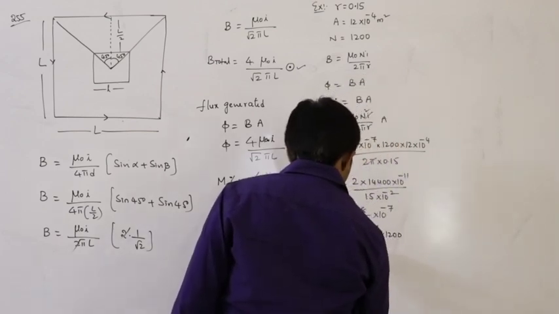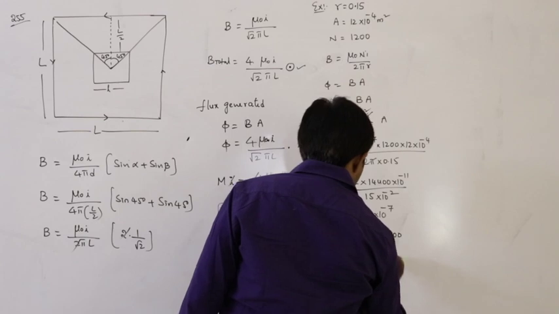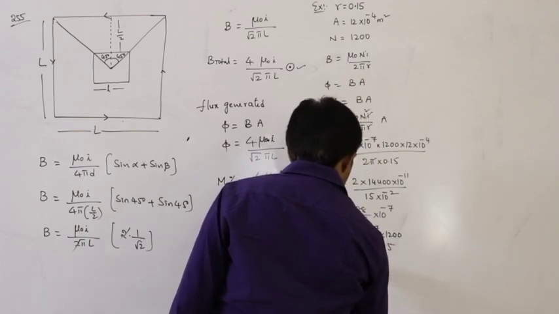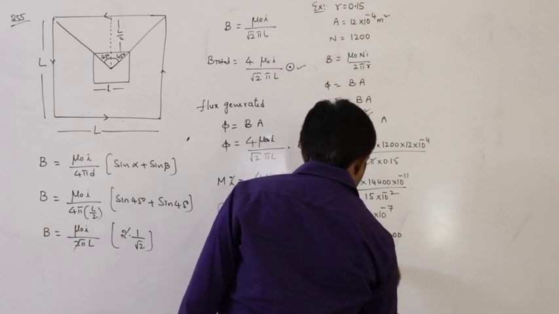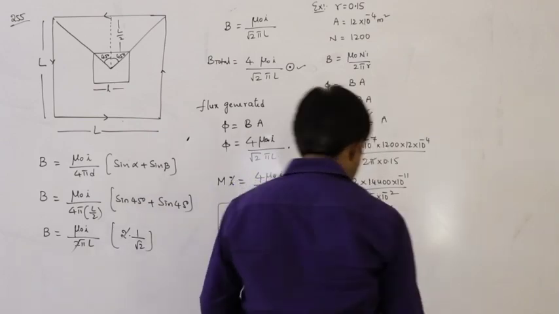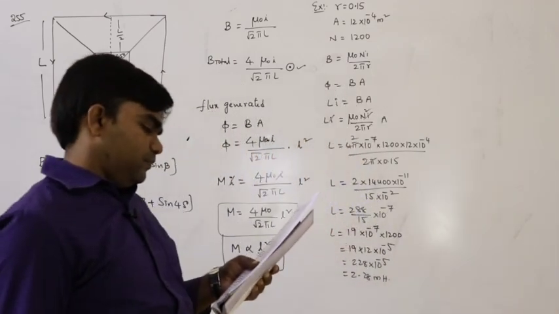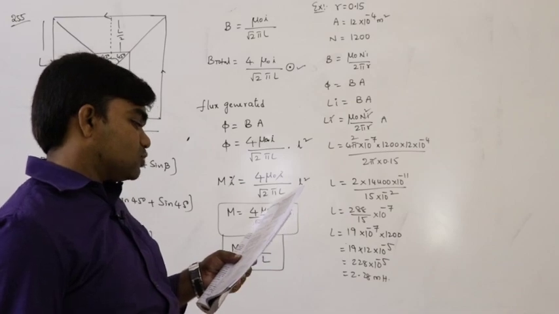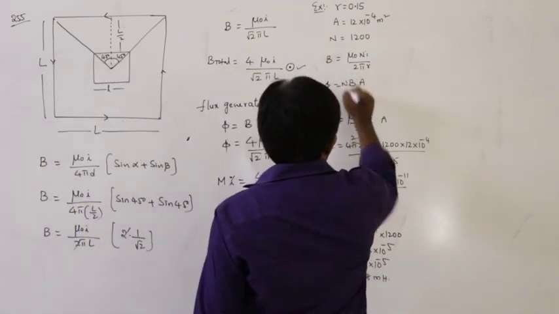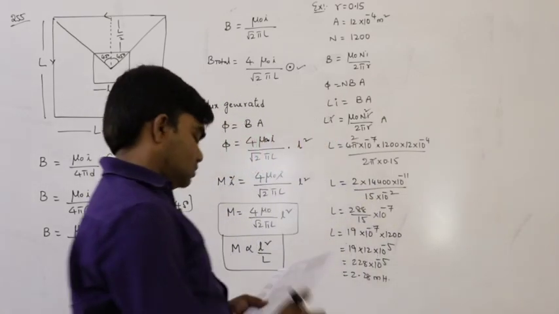So 19 into 12 into 10 to the power of minus 5, that means 2.28 millihenry. Okay, that's the answer. So mu naught N square, and phi is equal to N B A, the total number of turns we have to take into account. So that's how we finished.